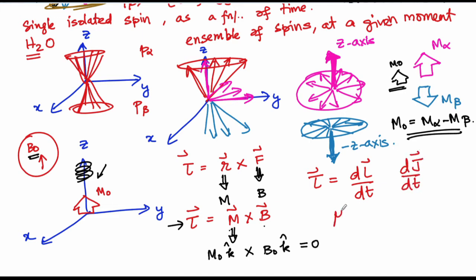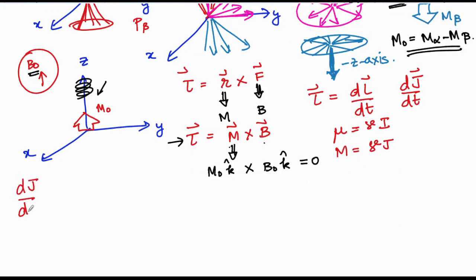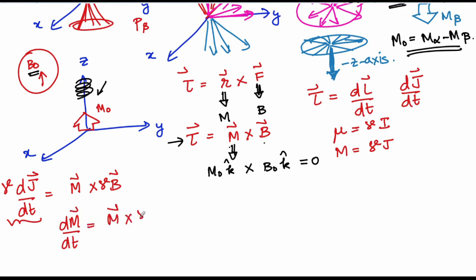And similar to the fashion that our mu is given by gamma I, bulk magnetization is going to be given by gamma times J. You therefore end up having dJ over dt is given by m cross b. And then let's say we multiply both sides by gamma, then this ends up being dm over dt, which is equal to m cross gamma b.